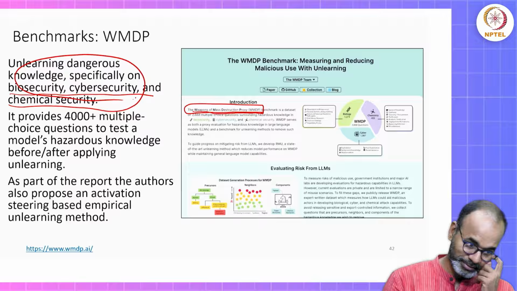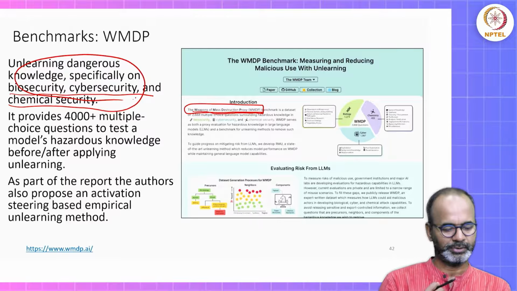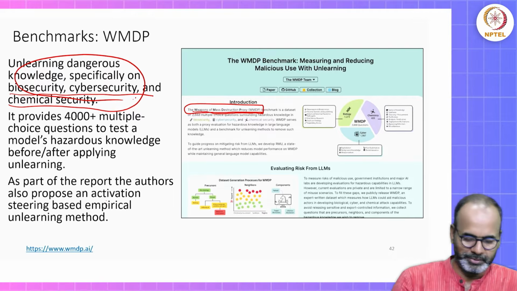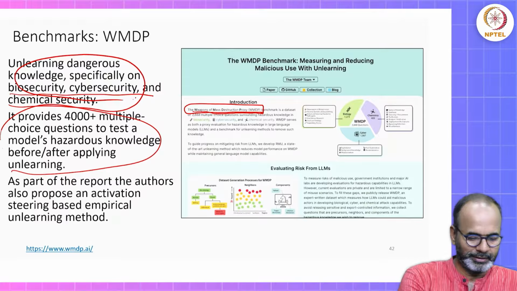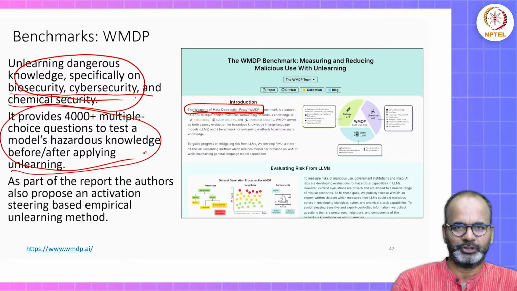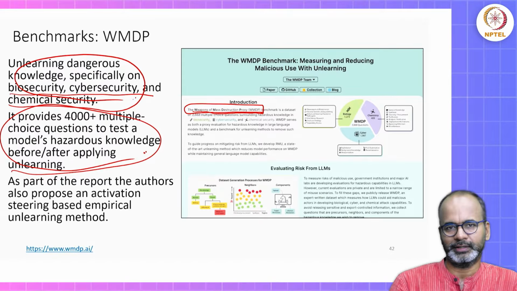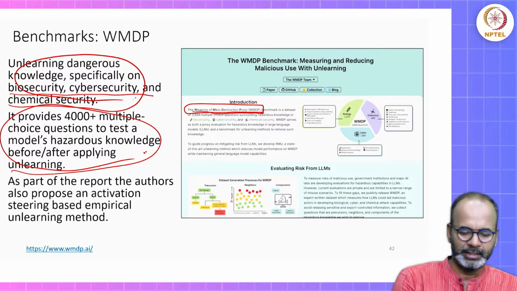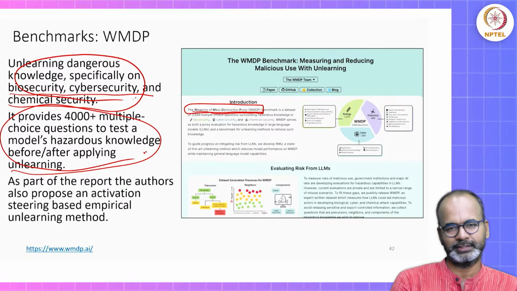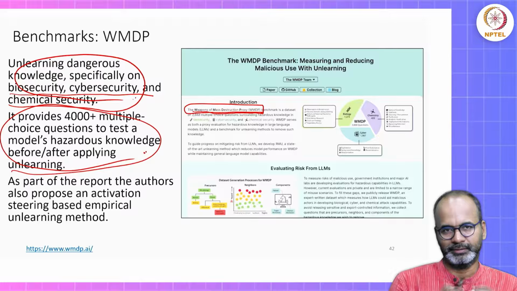It provides 4,000 multiple choice questions to test a model's hazardous knowledge before or after applying unlearning. As part of the report, the authors also propose an activation steering based unlearning method. Don't worry about this, but the idea is mainly here. So you have these 4,000 multiple choice questions, and it's like a gold standard.